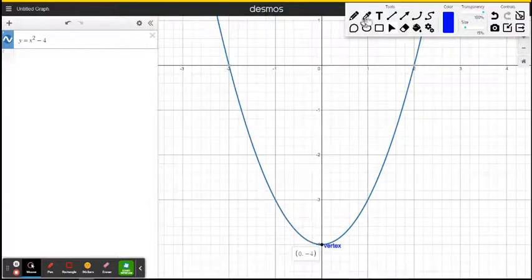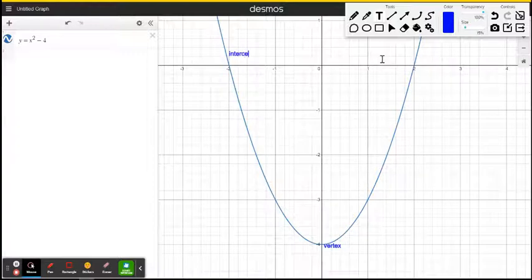The other 2 points are the most important ones for this particular lesson: the x-intercepts. So one at -2 and the other one is at 2. Well, you need to know that the x-intercepts have many different names.